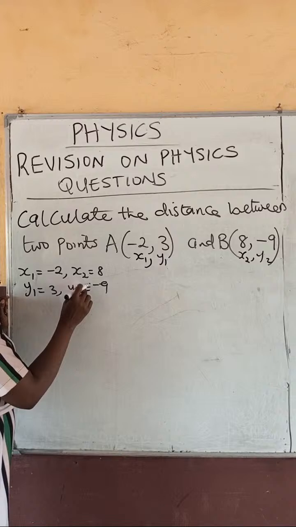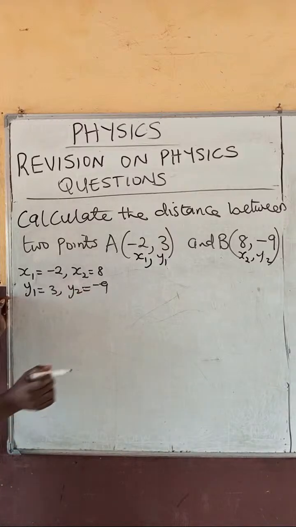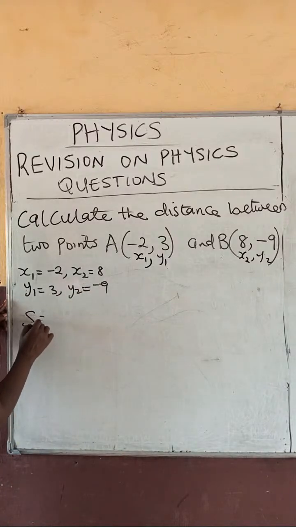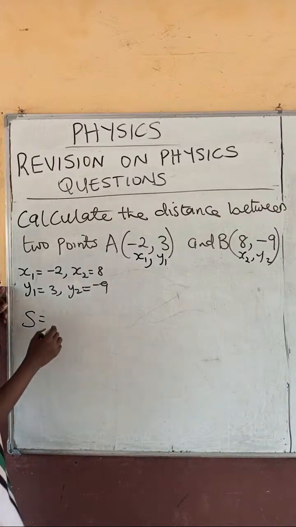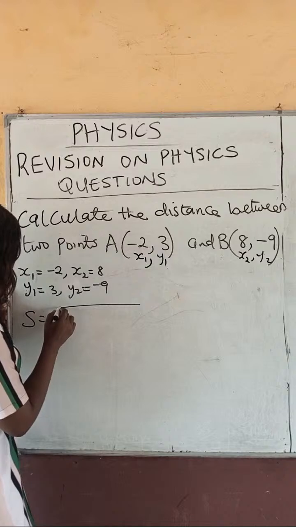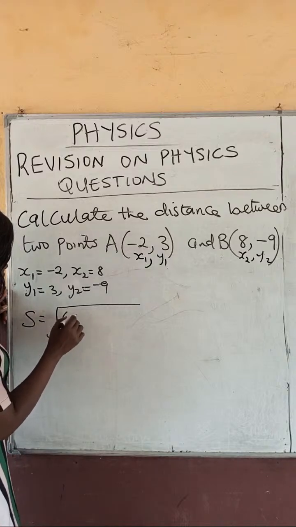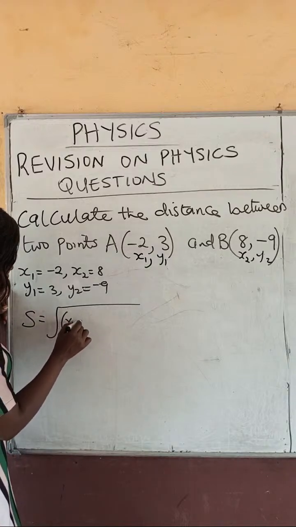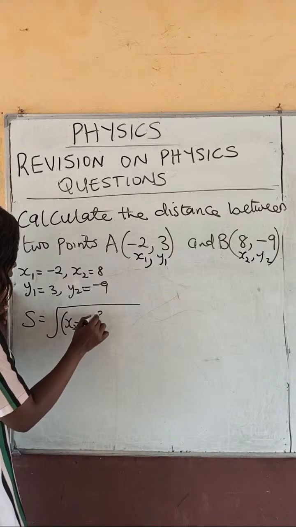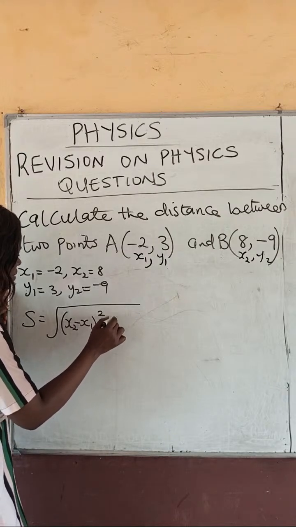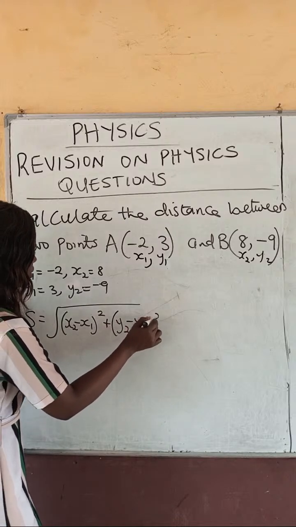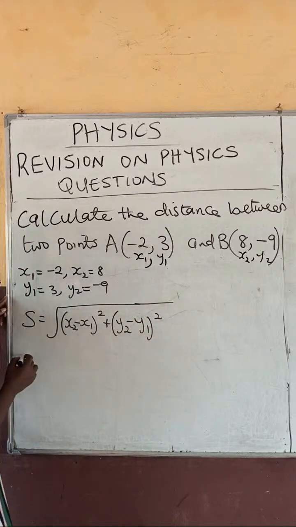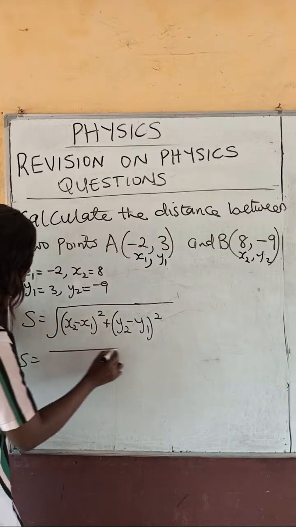All right, so let's use our formula, because this is on a plane, and the plane has just two coordinates, x and y. The formula for the distance is d equals the root of (x2 minus x1) all squared plus (y2 minus y1) all squared.